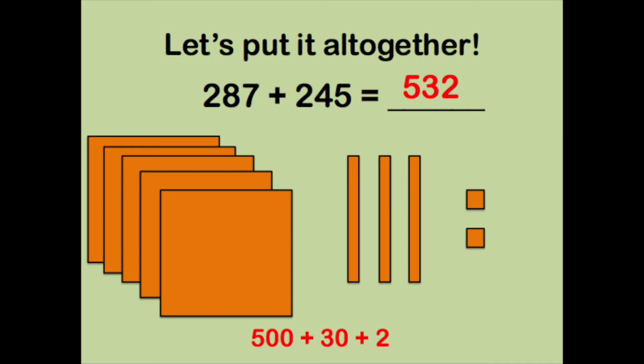After we regrouped, now we have 5 groups of 100, we have 3 groups of 10, and we have 2 ones. So that is the same as 500 plus 30 plus 2. So our sum for the final answer is 532.